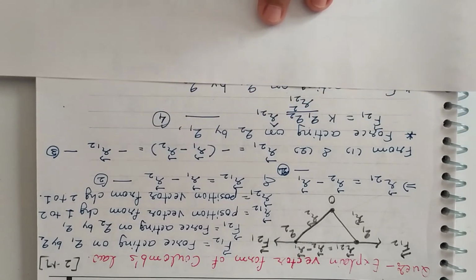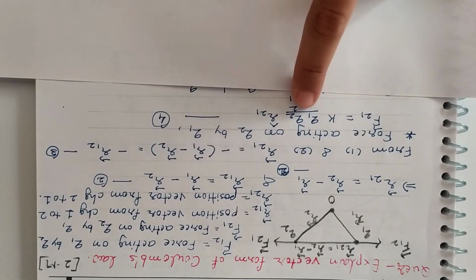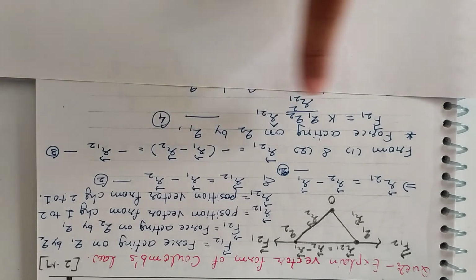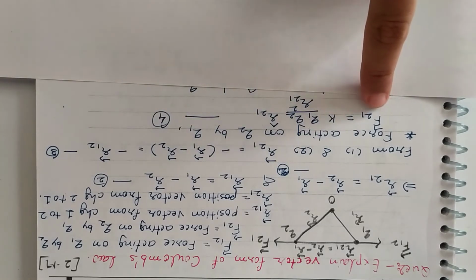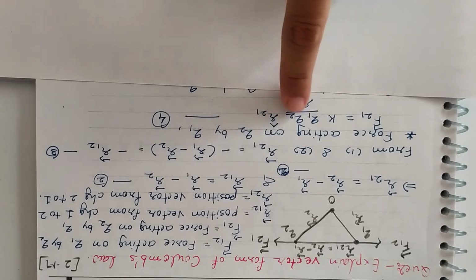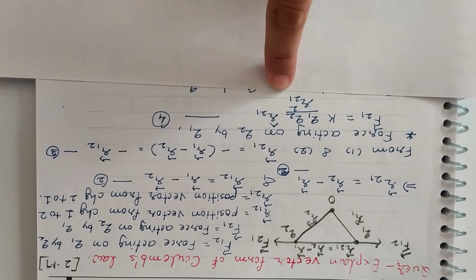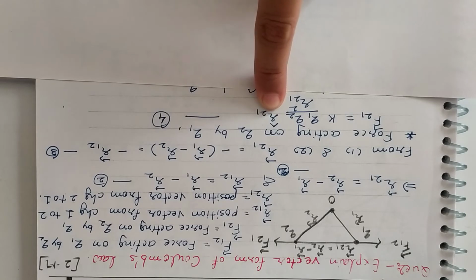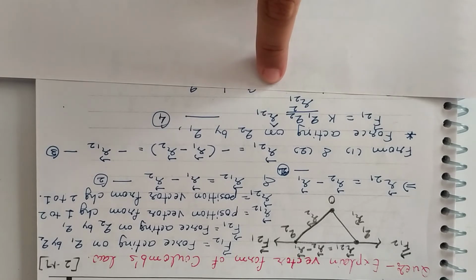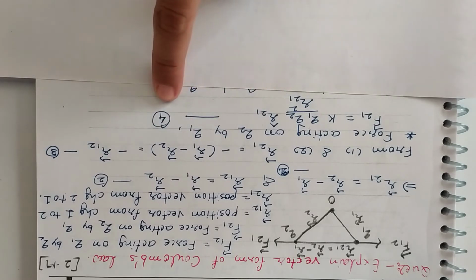Now the force acting on Q2 by Q1 we can write as F21 is equal to K Q1 Q2 upon R21 square into R21 cap. This R21 cap is a unit vector in the direction of distance R21. Let us take it as equation number 4.